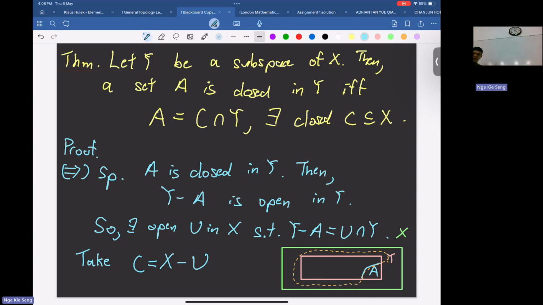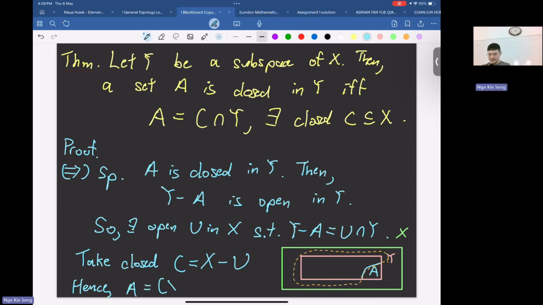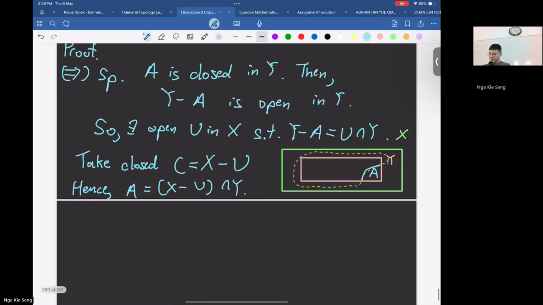But now what do you need to argue then? You need to check also, A is actually X take away U intersect Y. True or not? Is it true?